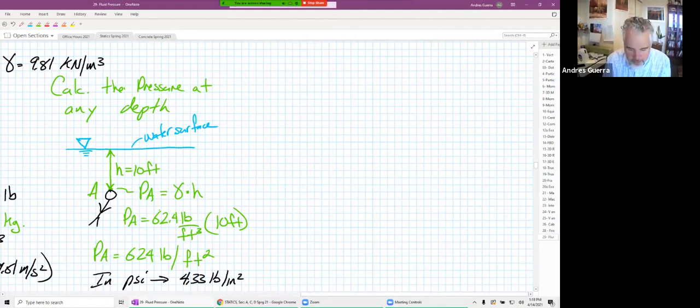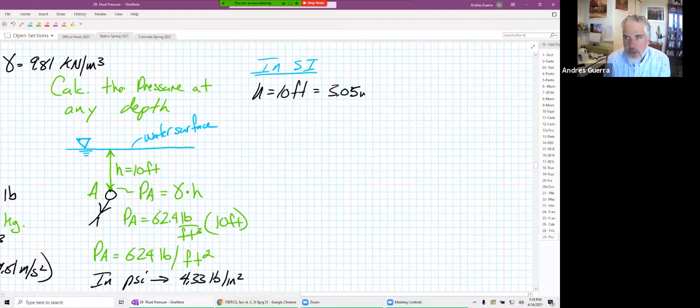Let's do these same calculations in SI now. So in SI, H equal to 10 feet is 3.05 meters. And you all are not going to have to do any converting between US customary and SI units. I'm just relating this all to one another.